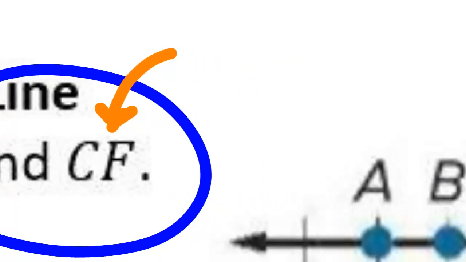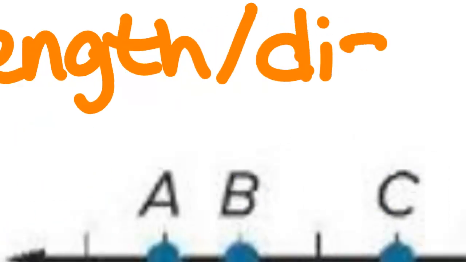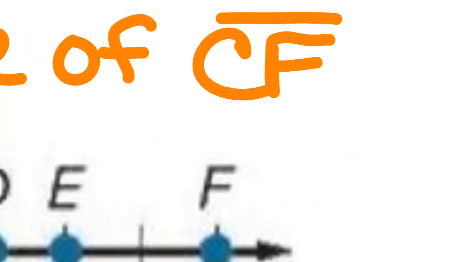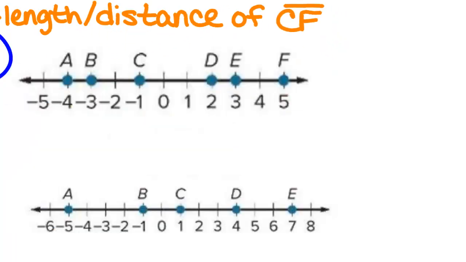It means something a little bit more specific than that, but it does end. It means the length or the distance, yes. So we're going to find the length or the distance of segment CF.